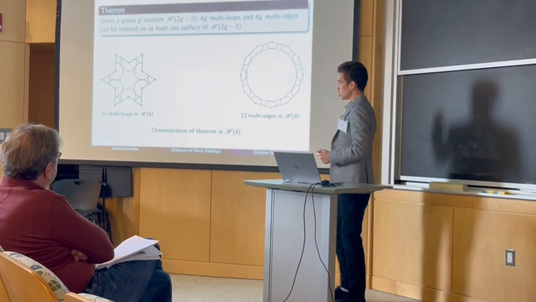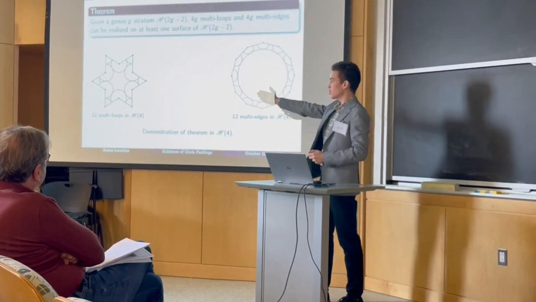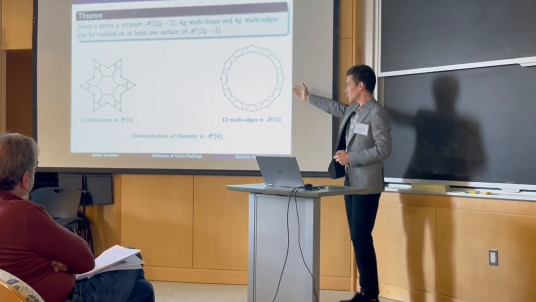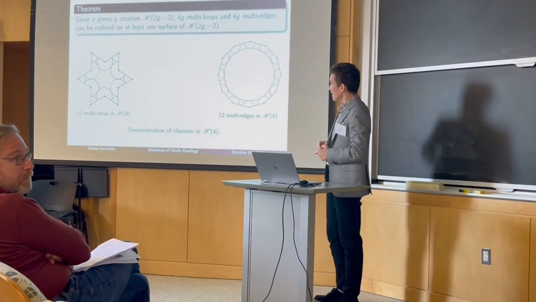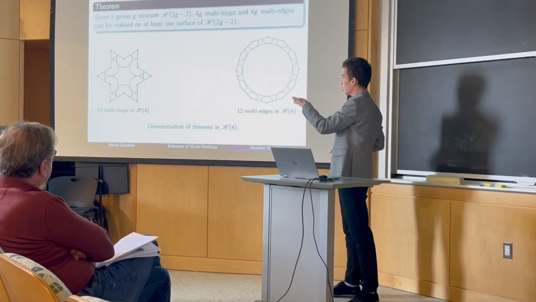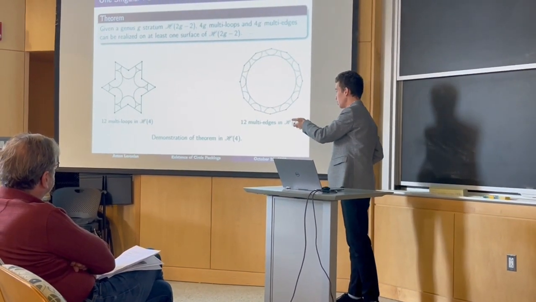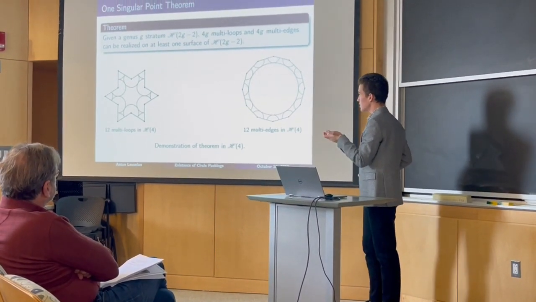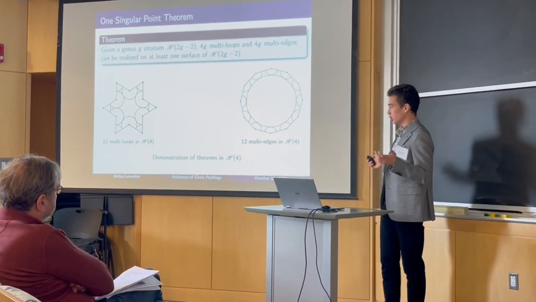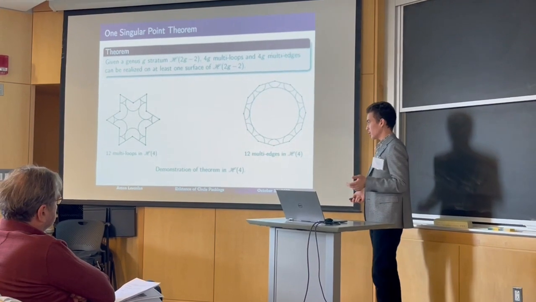As an illustration, we have 12 multi-loops in the genus 3 stratum H of 4, and 12 multi-edges in the same stratum, H of 4. Here we did not show that any more can be realized, so it would be interesting to see if potentially more can be realized. We did not provide a bound on this complexity as we did in the H of 2 stratum.